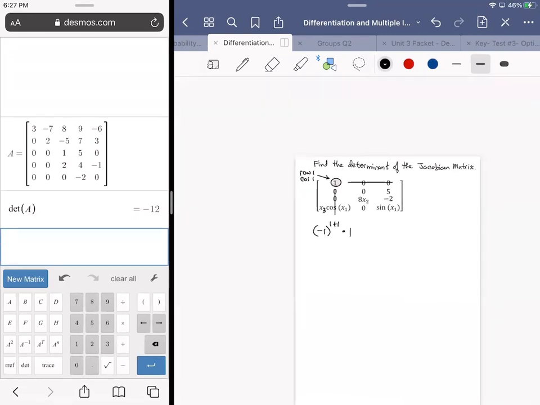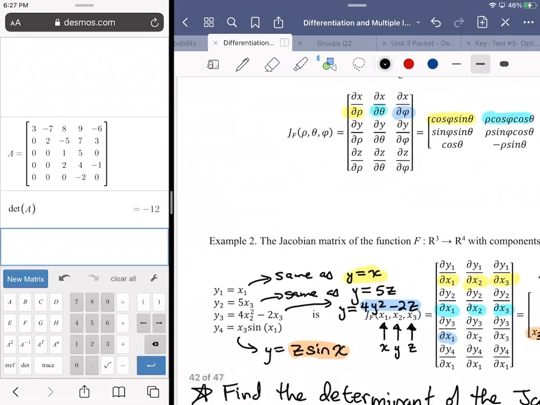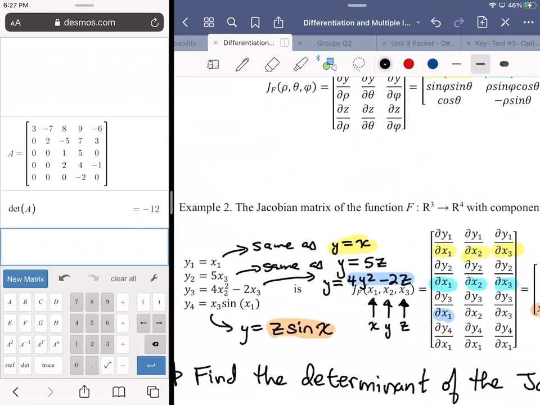So if you go back to what we were dealing with before, this is the Jacobian matrix with respect to x sub 1, x sub 2, x sub 3. But in order for it to work out, and I can't believe I missed this, it would have to also have an x sub 4 in it, in order to find the determinant.